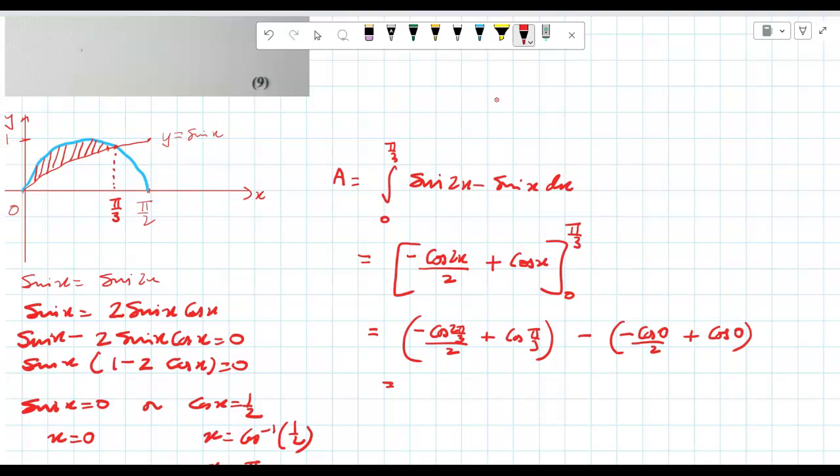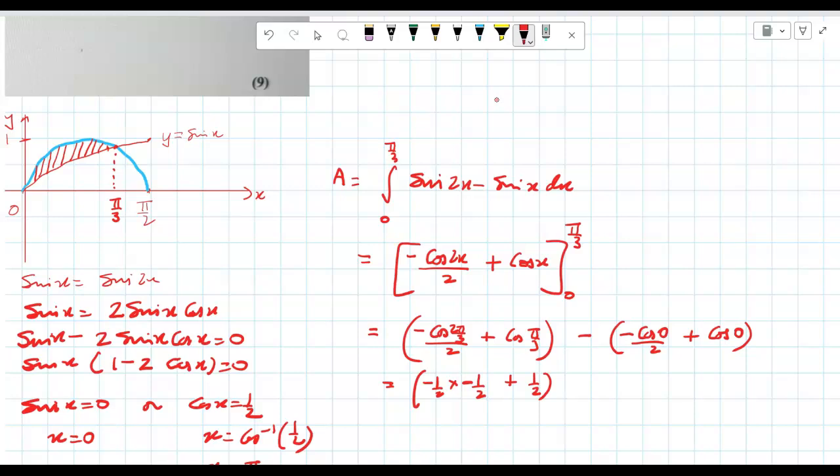What is cos 2 pi by 3? Cos 2 pi by 3 is cos 120 degrees. Pi by 3 is 60, so 120. That will be minus, same as cos 60. Cos 60 is half, so minus half basically. Plus cos pi by 3 is half.